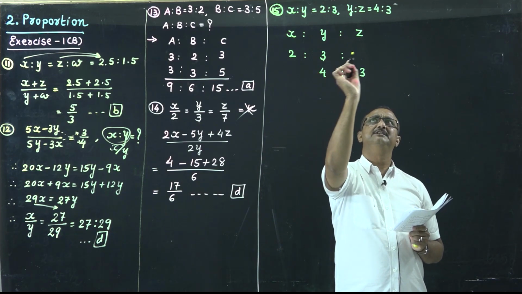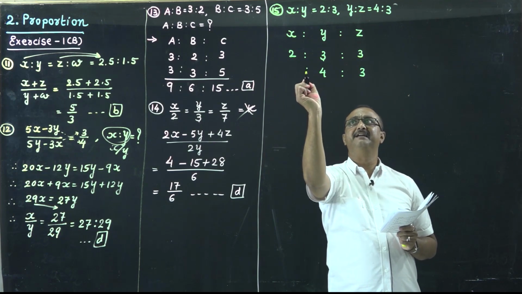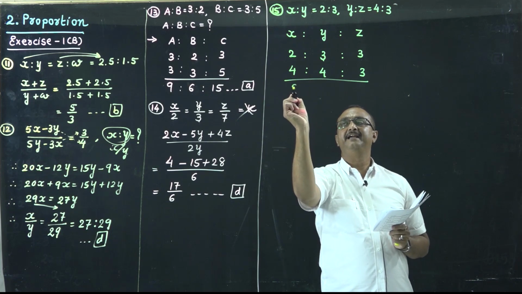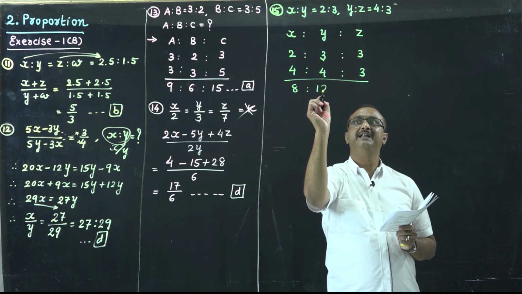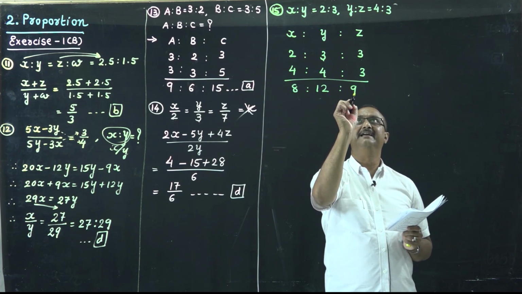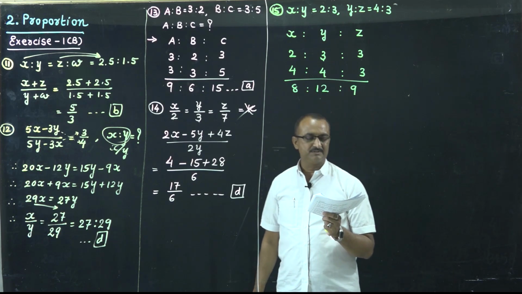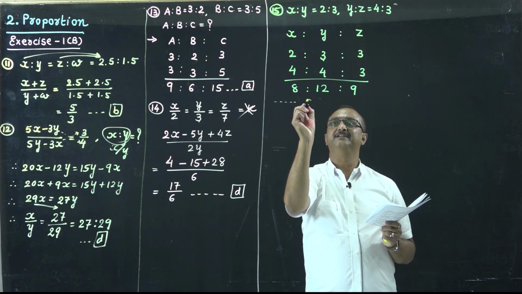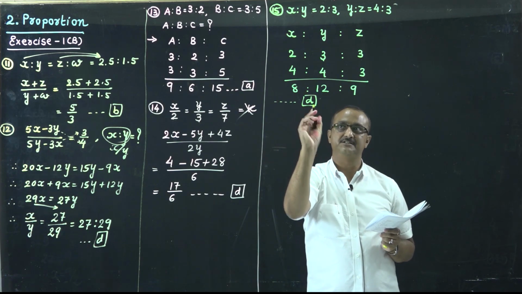So here we put 3, and what is the value of y here? 4. So the ratio is 8, 12 and 9. So x is to y is to z is 8 is to 12 is to 9 and it is given in option D, none of these.